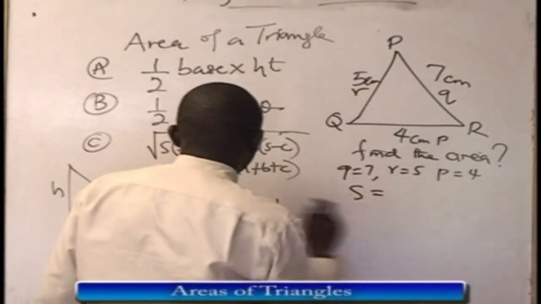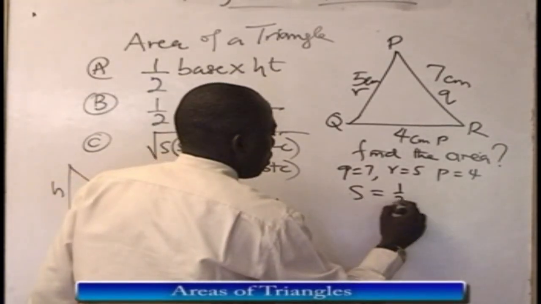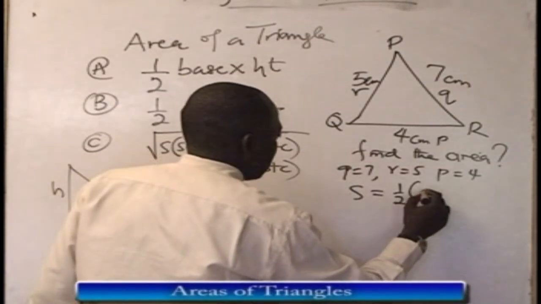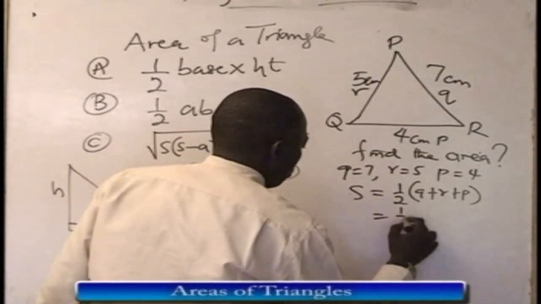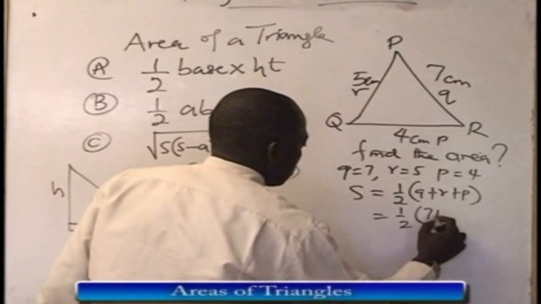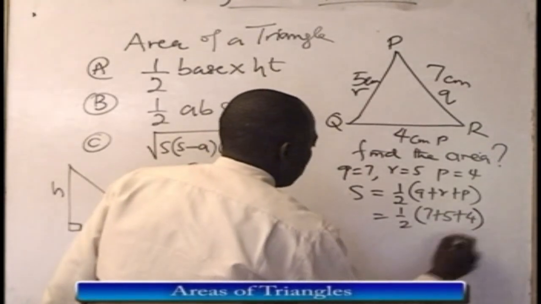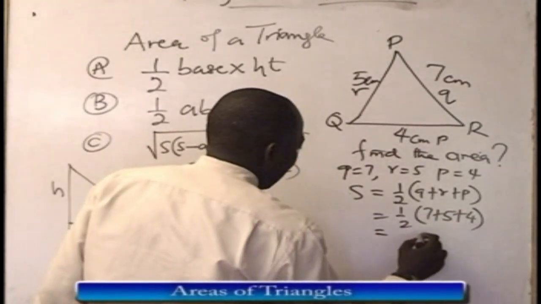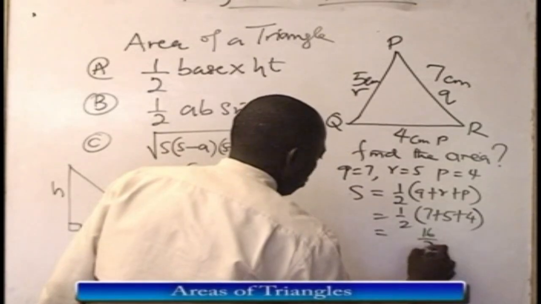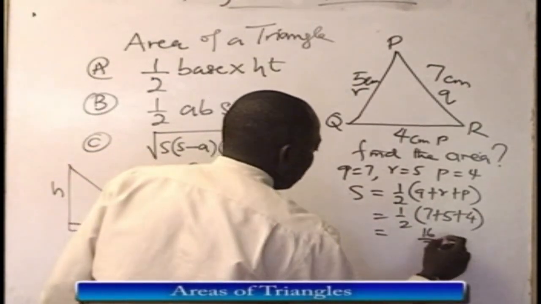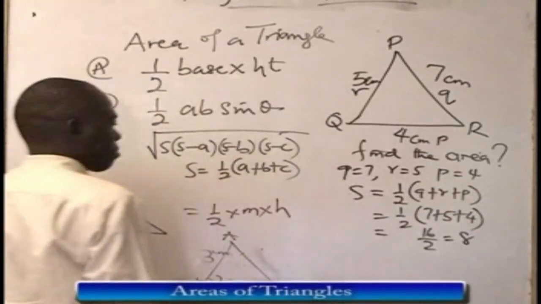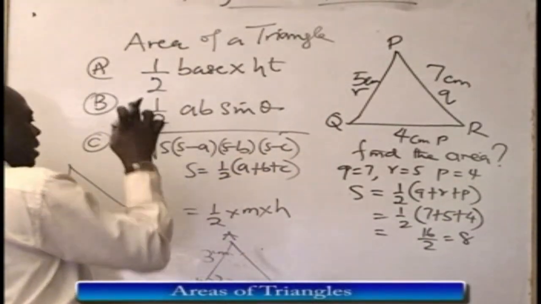So our S will be half into q plus r plus p, which gives us 1 over 2 into bracket 7 plus 5 plus 4. And then eventually you have 16 over 2. 7 plus 5 is 12, 12 plus 4 is 16. Then you have 8.